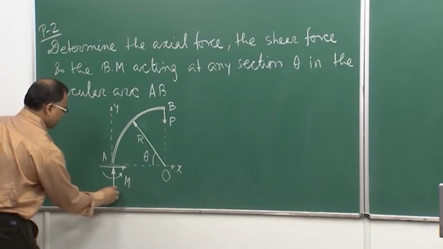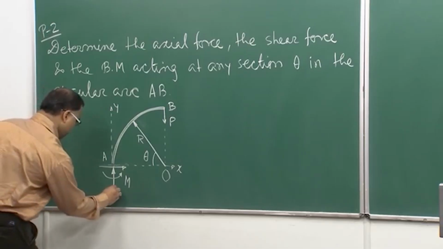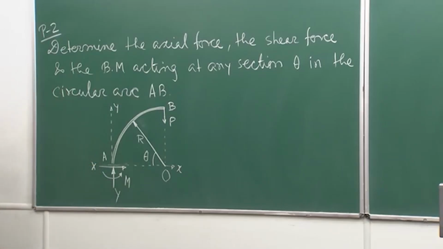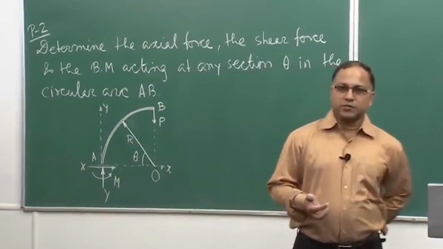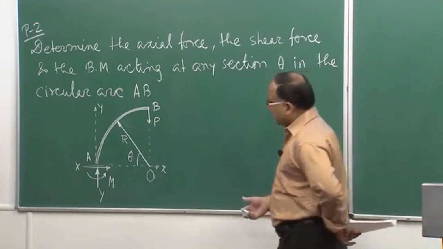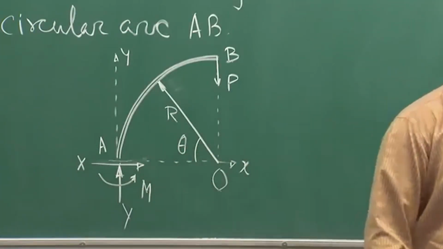So, this is y and this is x. These are the support reactions, because that support was a fixed support. Therefore, we will get all the three components of reaction.